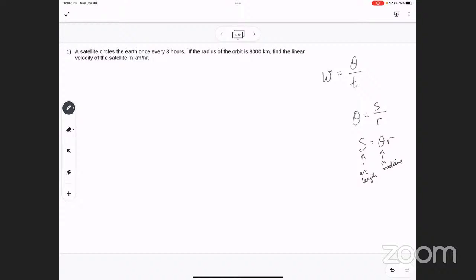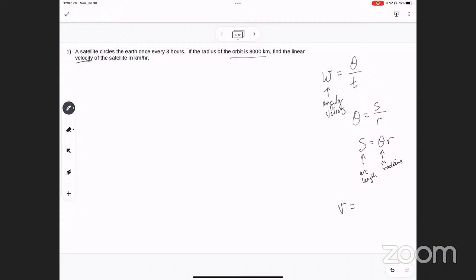All right, so it says the satellite circles the Earth every 3 hours, if the radius of the orbit is this much, find the linear velocity. Well, what's linear velocity? Oh, this is angular velocity. Now they want linear velocity. What do we use for linear velocity? V? Oh, yeah.